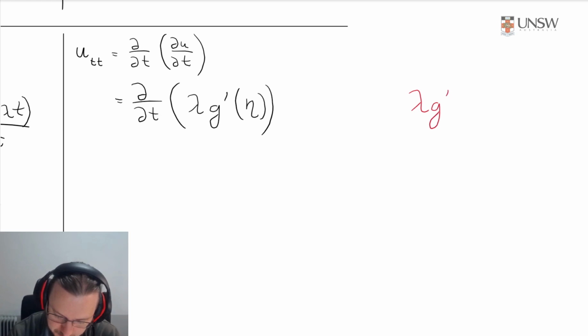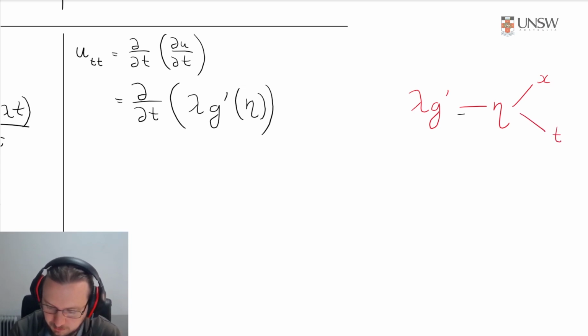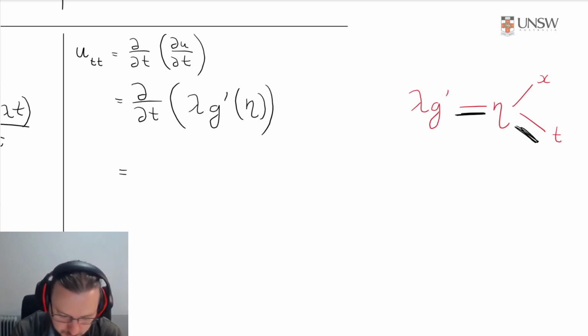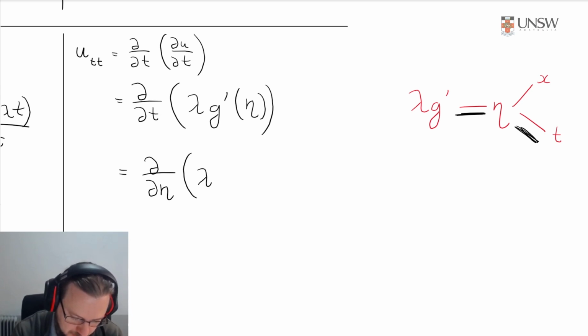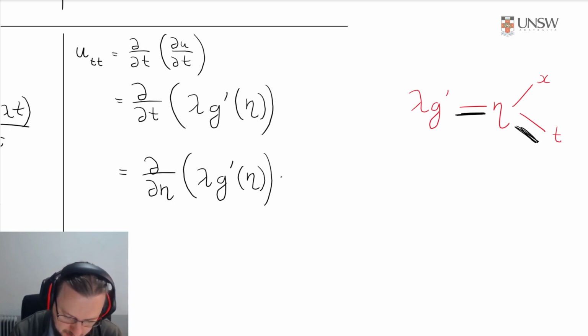So we keep seeing this same pattern again and again. I have lambda times g prime, that is a function of eta, which is a function of x and t. So when I do the chain rule, I'll get a contribution from this chain here and a contribution from this chain here. So this is going to be the partial derivative with respect to eta of lambda times g prime of eta, times the partial derivative of eta with respect to t.